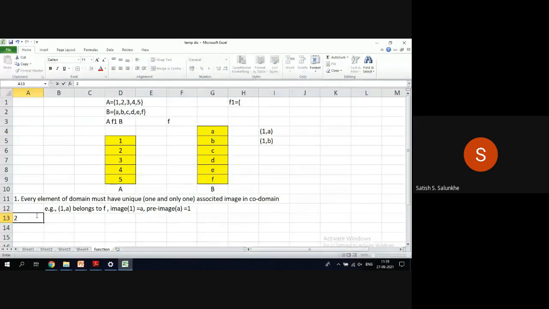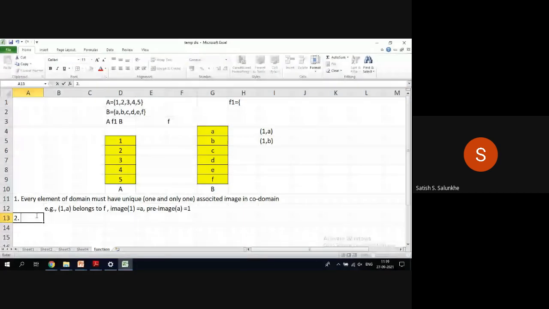Condition number 2 is not there at all. That means we are talking about only this condition, that every element of the domain must have a unique associated image in the codomain. So is it clear or not?